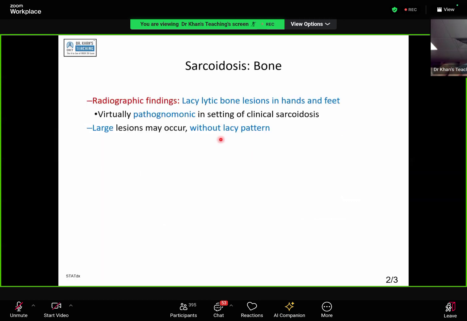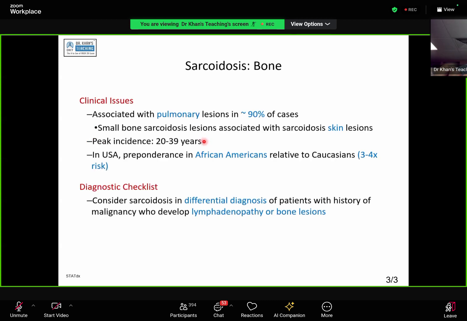So virtually pathognomonic in the setting of clinical sarcoidosis, lacy lytic bone lesion. Virtually pathognomonic. So this word should be in your vocabulary when you want to be very emphatic. Sir, this is pathognomonic for sarcoidosis, or it is classical for sarcoidosis. Stay firm there. Clinically associated with pulmonary lesions in 90% of cases.